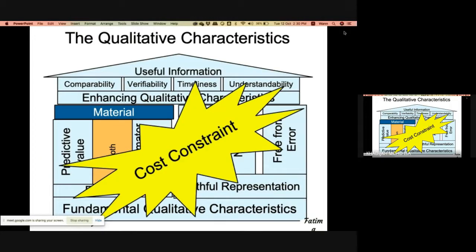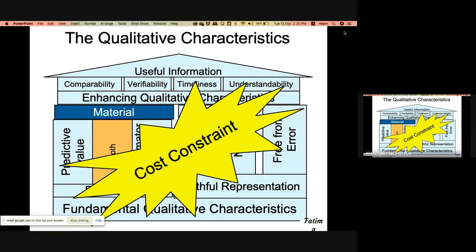Cost constraint. Of course, when talking about all these qualitative characteristics, to most companies it is costly to have all of them. For example, to be timely you have to push a lot and work extra hours to make that information available on time and more relevant.